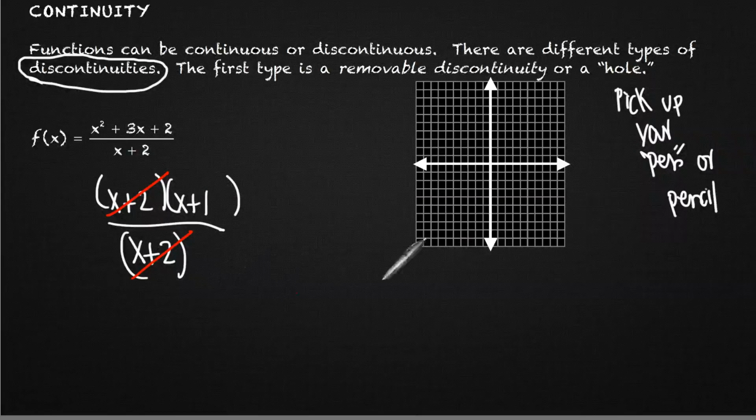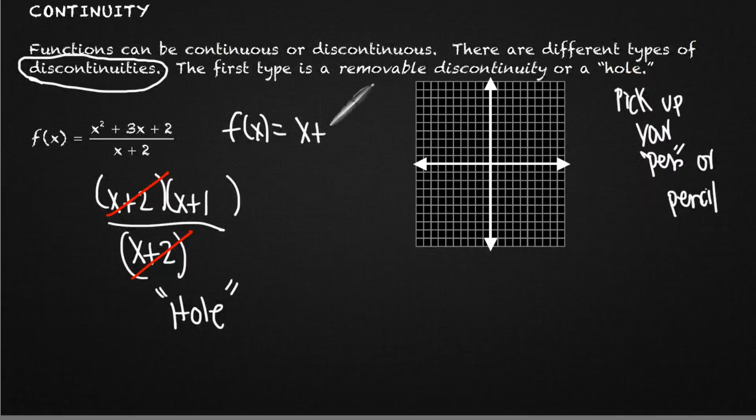And we learned from Algebra 2 that anytime you have a factor on the top that cancels with a factor on the bottom, that's going to give you a hole on the graph. So after we've canceled these factors, we can essentially say f of x is the same as x plus 1 because the x plus 2's are gone. So there is a hole at x equals negative 2. We get that from setting the factor that canceled equal to 0.